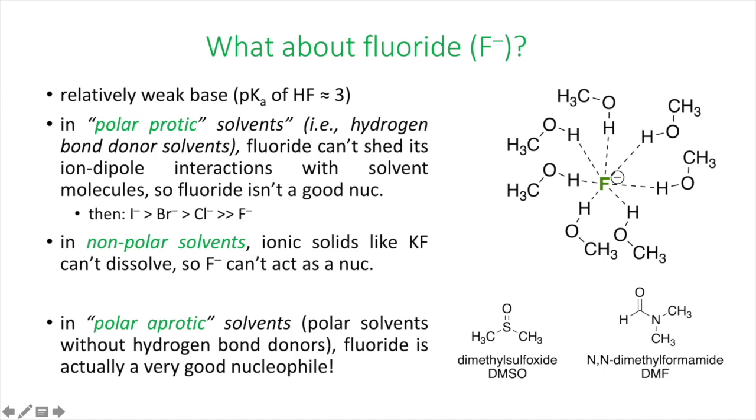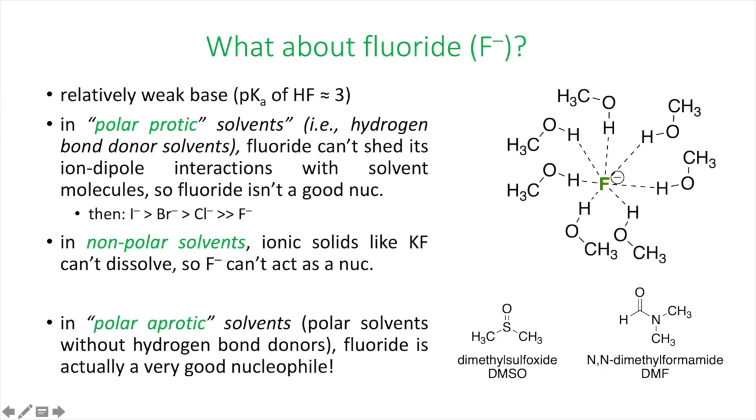If we think about nonpolar solvents like hexane or benzene, now you don't have the hydrogen bonding problem, but you're still not going to be able to use fluoride as a nucleophile because you're going to add fluoride as a salt, right? KF or sodium fluoride or whatever. And the fluoride will hold on to that other ion so tight that, again, it'll never be free to be a nucleophile.